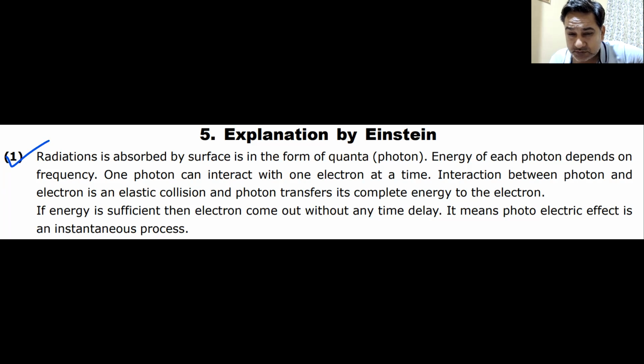Because we are thinking of it as the number of photons striking the metal surface, this process becomes an instantaneous process, because one particle is striking the other particle. That is why this explanation can only be done by the particle theory of light, where we consider that light is not a wave, but light is a particle.